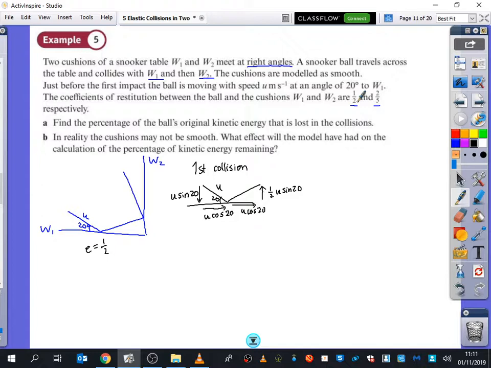So what kinds of information do we need to find out for this second triangle that we've got here? So we need to find the hypotenuse, and we need to find the angle. So if I call that angle theta, we know that this is 1/2 u sine 20, and this is u cos 20. So we'll find out what the speed v is.